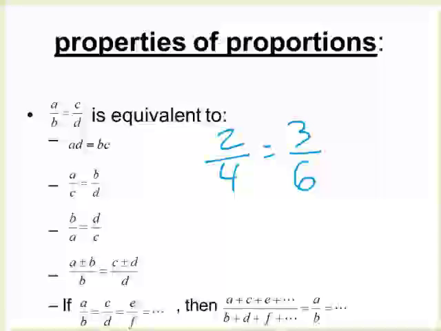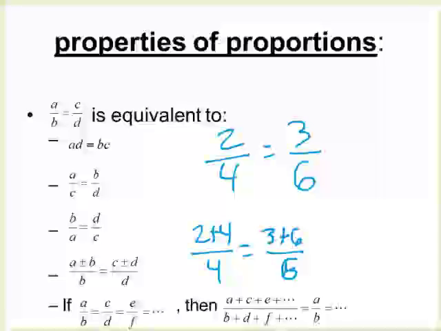For starters, is that a true proportion? Yes. Why? They both equal 1/2. So 1/2 equals 1/2. So this fourth one down then says that we can add or subtract the tops and the bottoms. So that would be 2 plus 4 and keep it over the same bottom. And do the same thing on the other side.